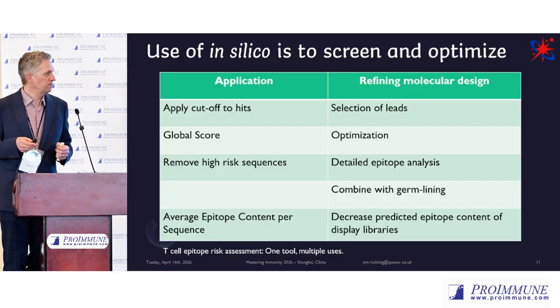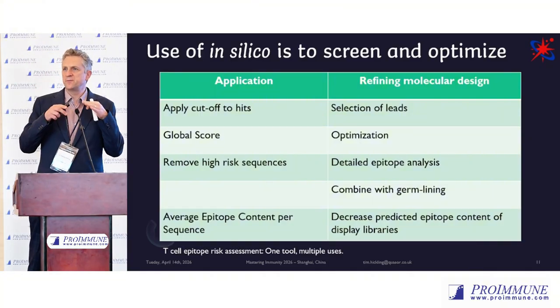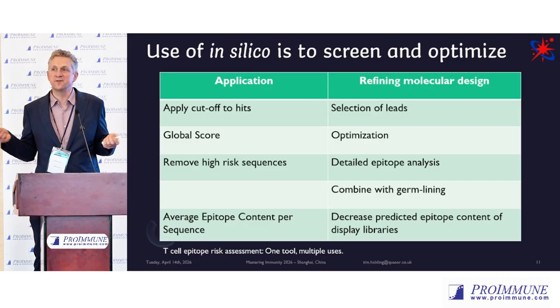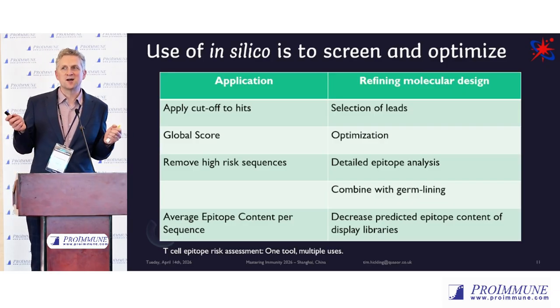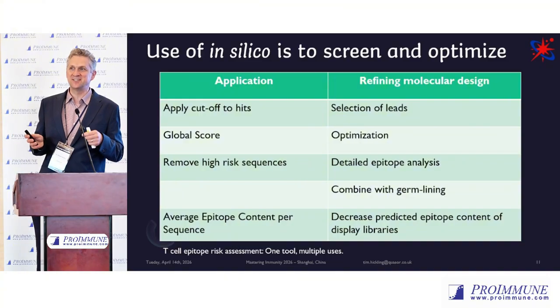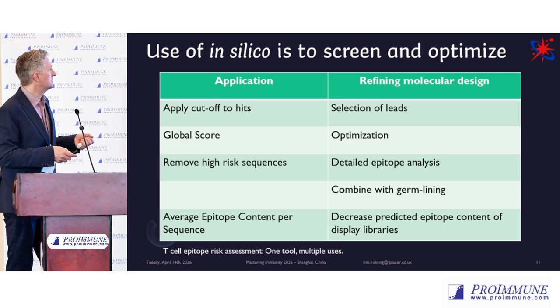So I want to talk about in silico as well, because it can feel like a bit of a black box sometimes. I know I'm frequently asked for a number from the in silico, and it's like, well, what number are you looking for? Again, ADA incidence isn't going to be predicted by in silico T-cell epitope prediction, but there are a few things that you can do.